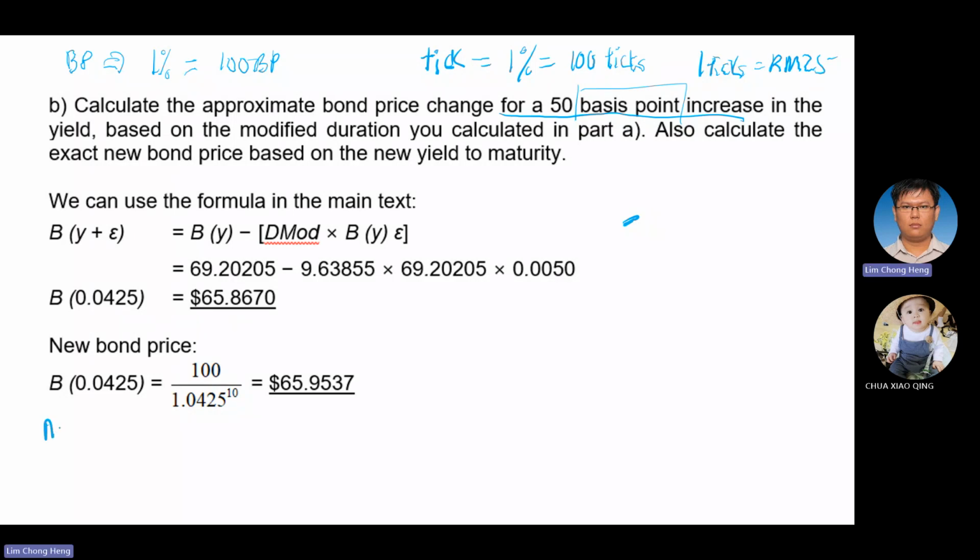You use your financial calculator: N is 10, interest rate is 4.25, PMT is 0, future value is 100, and you find the PV. You will get this answer, 65.9537.